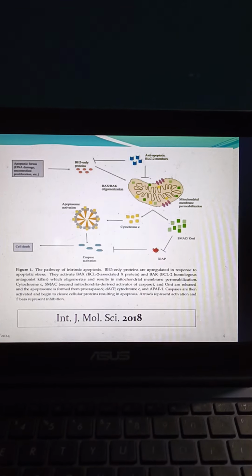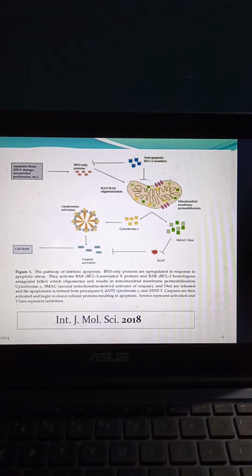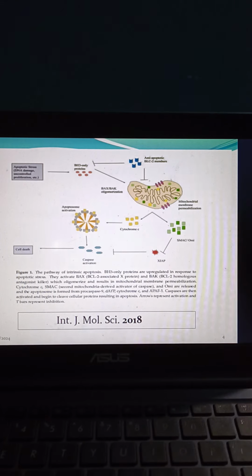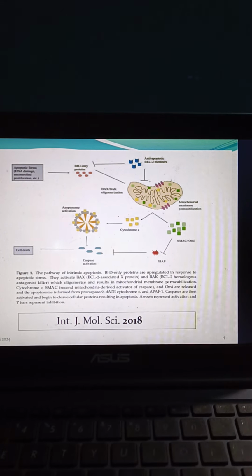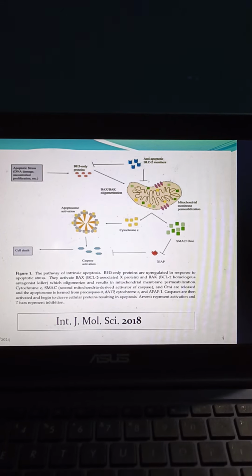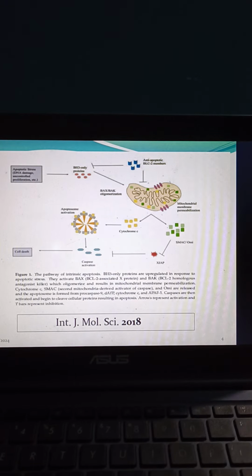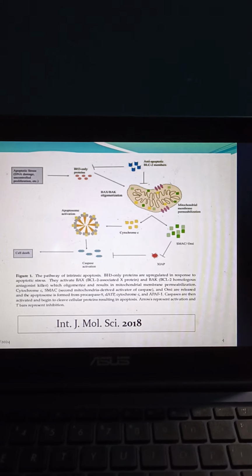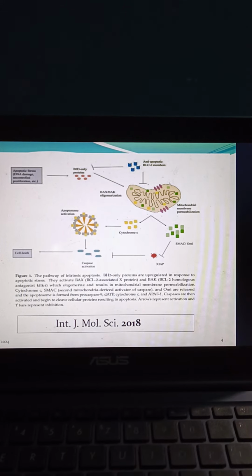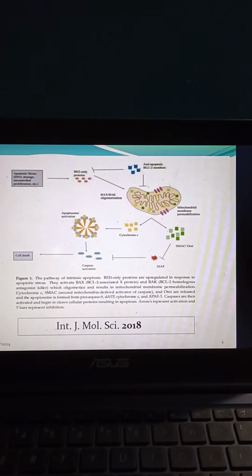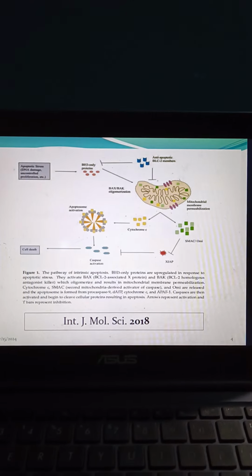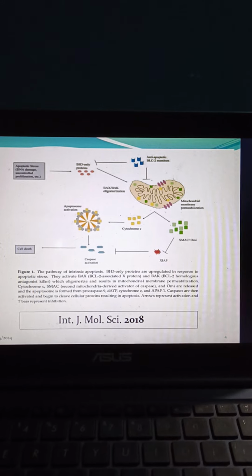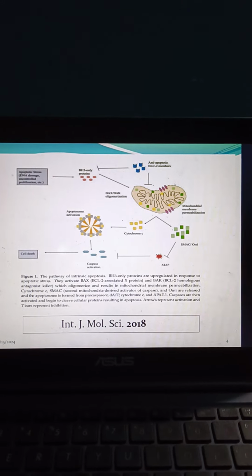Cytochrome C causes apoptosome activation, then caspase activation, then cell death. XIAP is a molecule involved in this, and anti-apoptotic BCL2 members are also involved. These are some diagrams related to intrinsic apoptosis.